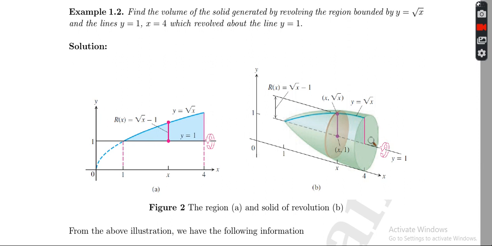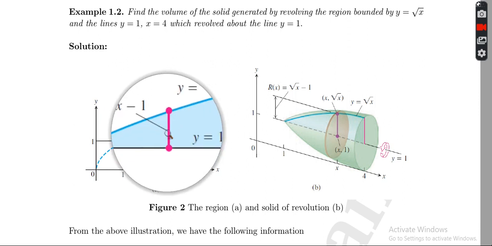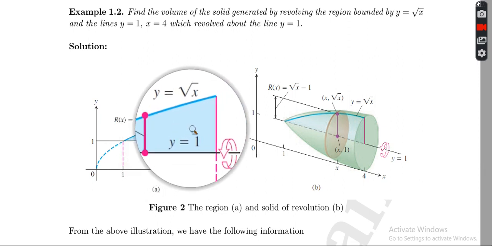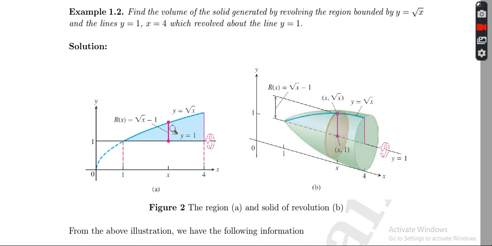Okay, so yung ating strip na ginamit, yung rectangular strip, again, para magamit ang disk method, the strip must be perpendicular to the axis of revolution at dapat siya ay naka-attach doon sa axis of revolution. So in this case, na-satisfy naman yung dalawang conditions, so gagamitin natin ang disk method.